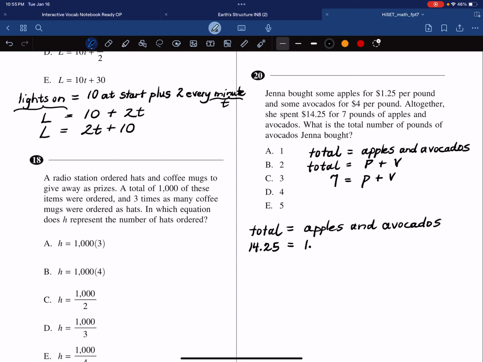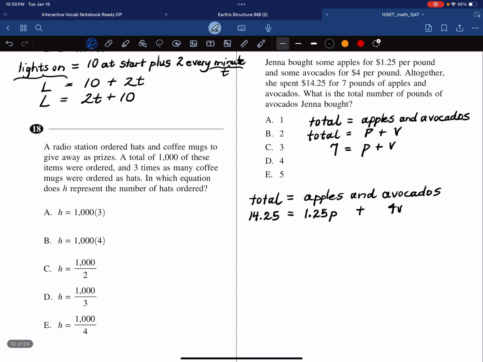Every pound of apples is $1.25, and every pound of avocados is $4. So we wrote an equation with the money part of this problem. We just need to combine the two parts to solve.